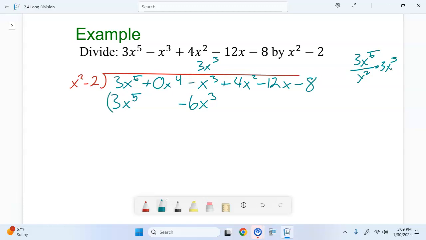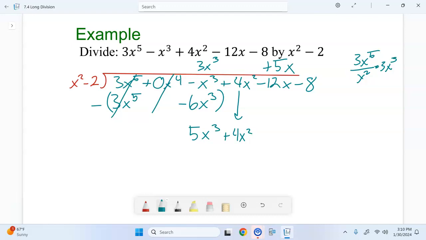So now we can still do our subtraction. That will cancel. 0 minus 0 is 0. And then we get our 5x to the 3rd. We bring down and repeat the process. 5x to the 3rd divided by x squared is 5x.